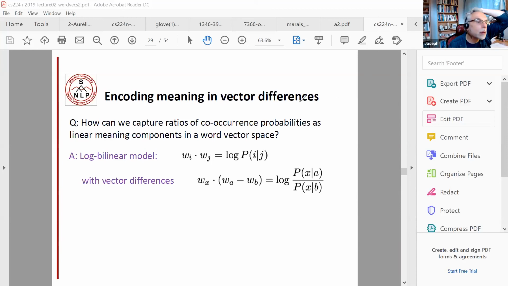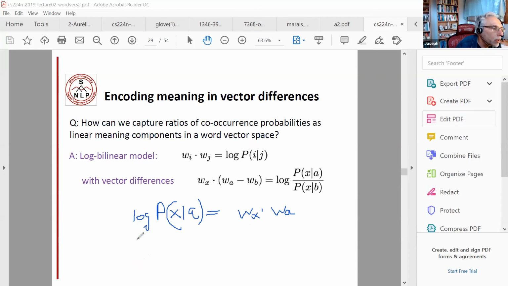There we go. Okay, so let's just write this out. The numerator, p of x given a, is going to be, okay, so here's how they set it up: the log of p of x given a is the product, so it's going to be wx dot wa.